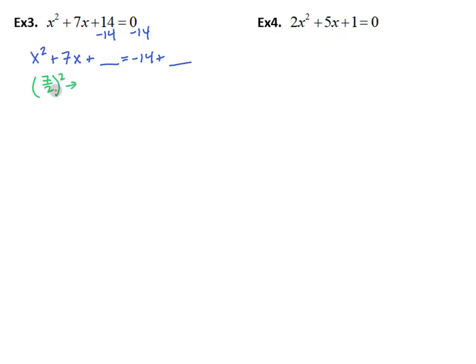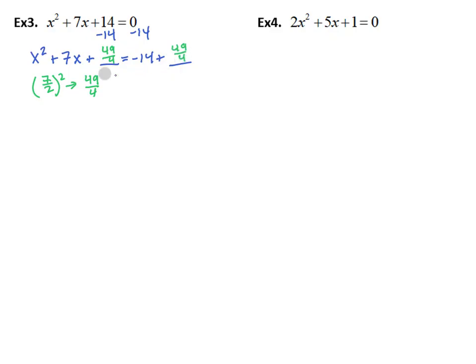Now in this case, I'm not going to go to a decimal. Don't go to a decimal. Keep stuff as nice fractions here. 7 halves squared, 7 halves times 7 halves is 49 fourths. Think again, top times top, bottom times bottom there. So we need to add 49 fourths to both sides.